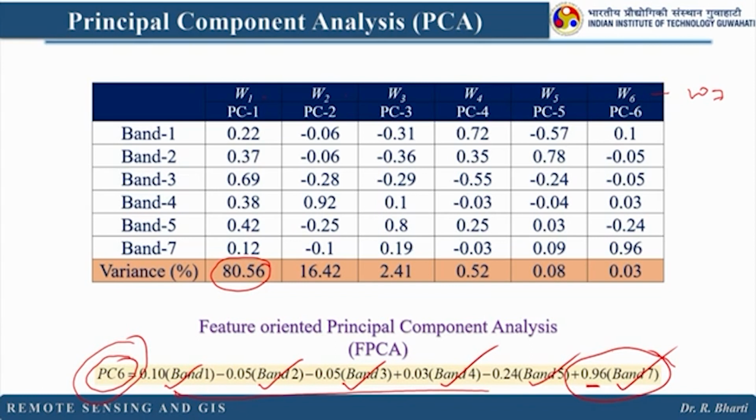So no matter what the variance is, if I want to highlight some object which is very sensitive in band 7 of my observed data, then I have to find out which principal component is sensitive to my particular band. That's all.